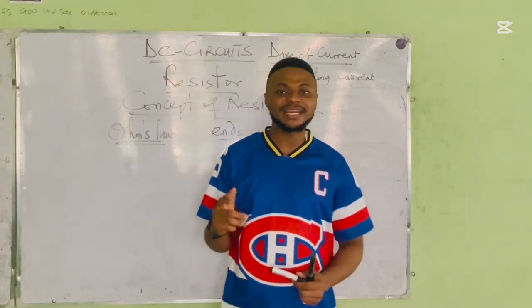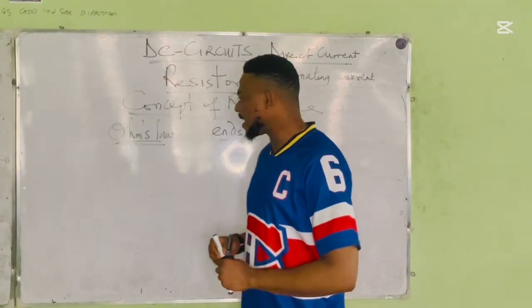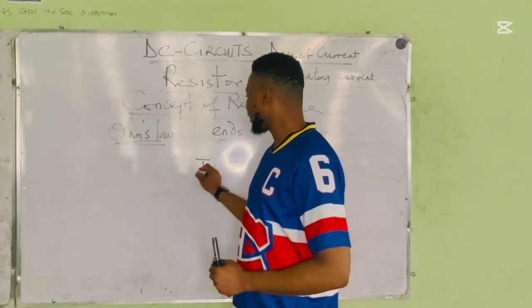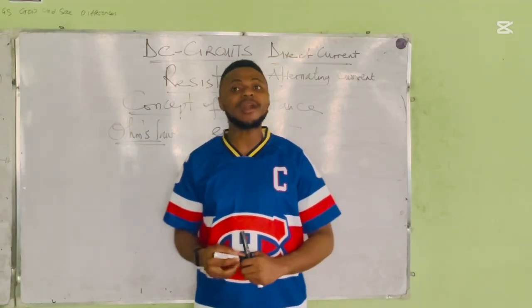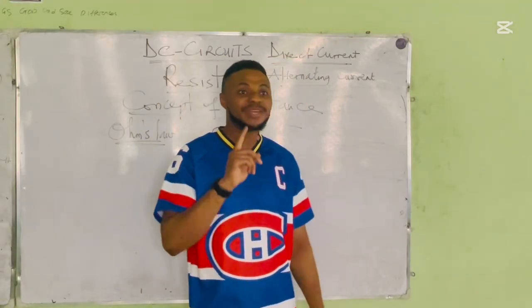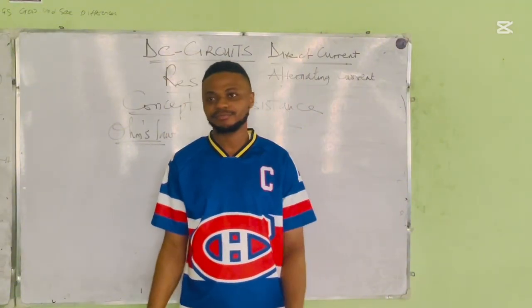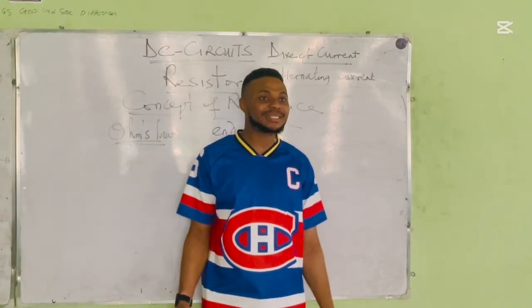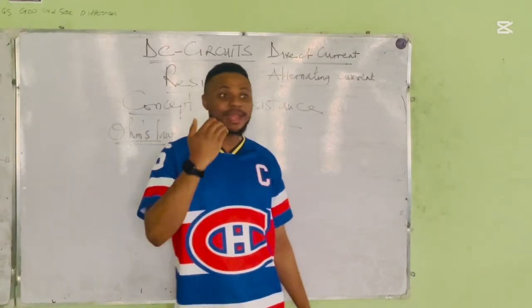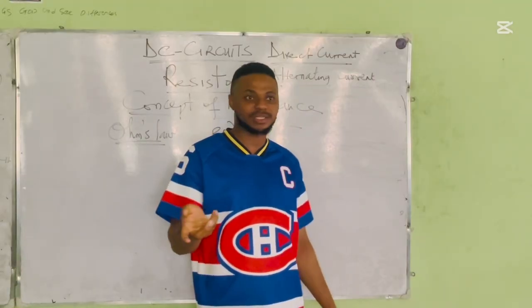So what we are saying in essence is this: for current I to flow in a circuit, there must be a conductor in that circuit. And what is a conductor? A conductor is a material that conducts electricity, or a material that allows the flow of electrons through it.